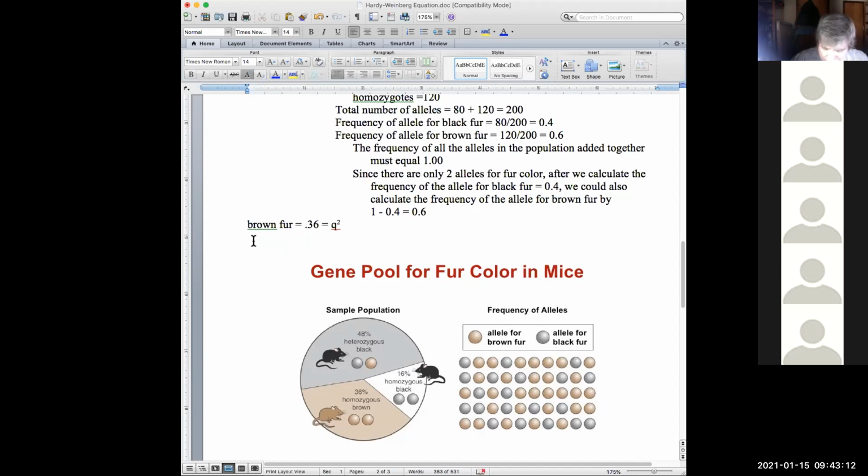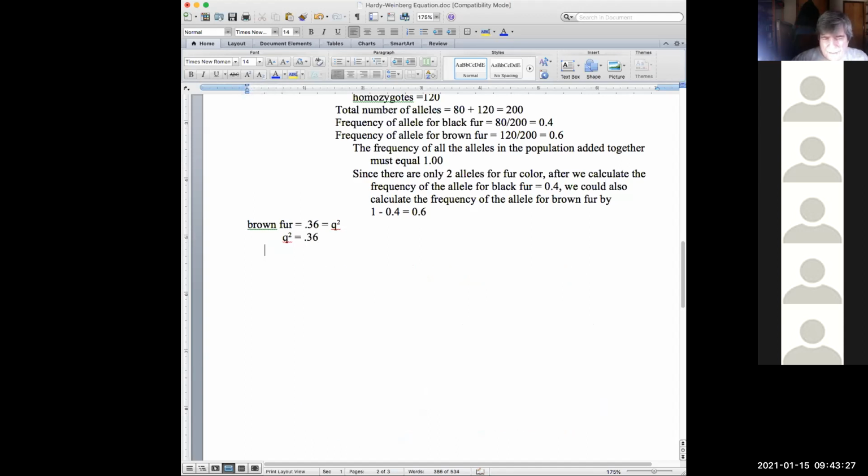Suppose you had an equation, and the equation was just q squared equals 0.36 in a math class. And the question was, solve for q.